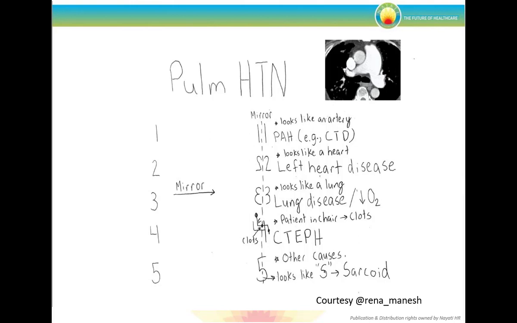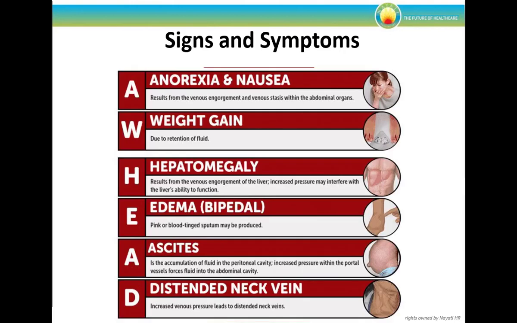Class 2, mirroring, is left heart disease; whatever left heart diseases there are will come under class 2. Class 3 looks like lungs; this is secondary to cor pulmonale. For 4, imagine a chair: pulmonary thromboembolism. And 5, other causes, such as sarcoid. So this is one of the easiest mnemonics to remember the classical causes.